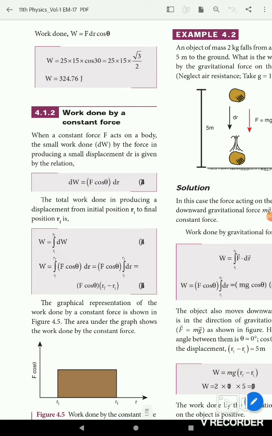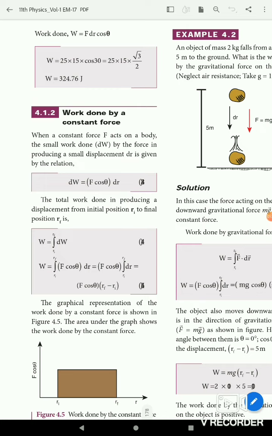So, the total work done in producing a displacement from initial position Ri to the final position Rf, you take the integration: W equals integral Ri to Rf dW. You already know the dW value, so substitute it in this integration.